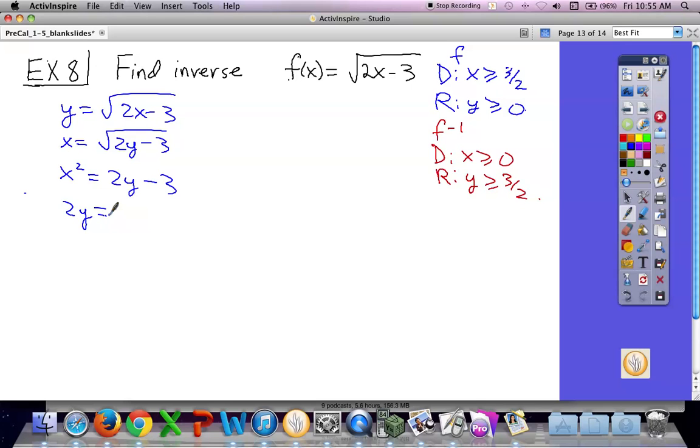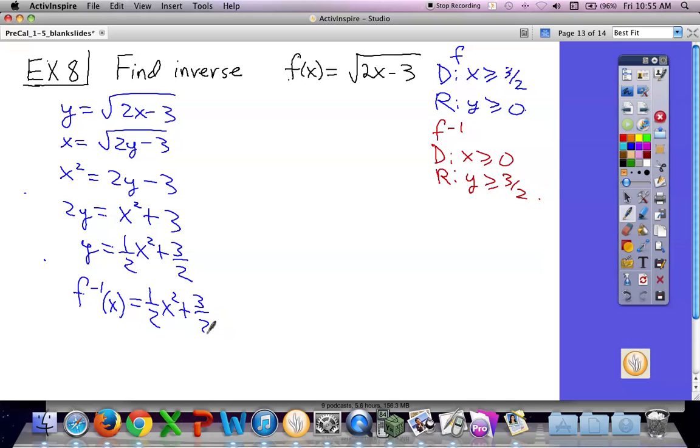Did I do something wrong? Add 3 to both sides, so it becomes x squared plus 3. Divide by 2. Y equals 1 half x squared plus 3 halves. Okay, and last, f inverse of x is 1 half x squared plus 3 halves.